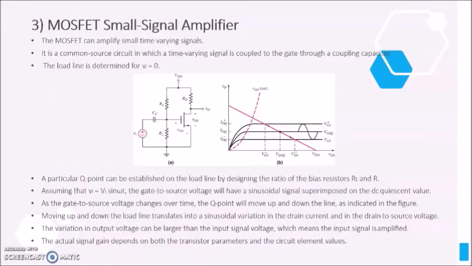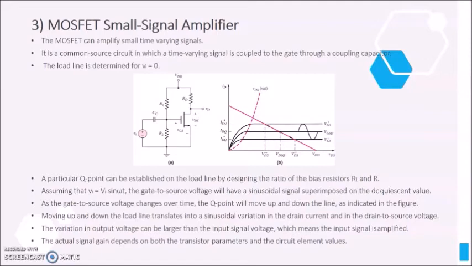And the last one is the MOSFET small signal amplifier. The MOSFET can amplify small time varying signals. It is a common source circuit in which a time varying signal is coupled to the gate through a coupling capacitor. The load line is determined for Vi equal to 0.